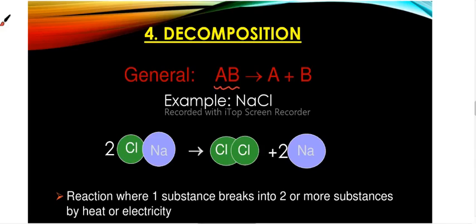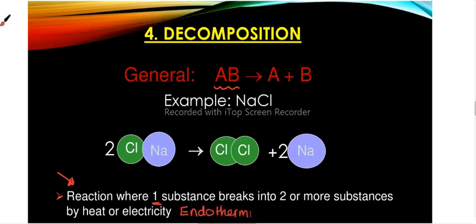So going to the definition, a reaction where one substance or one compound breaks down into two or more substances by heat or electricity. So this is considered as an endothermic chemical reaction.